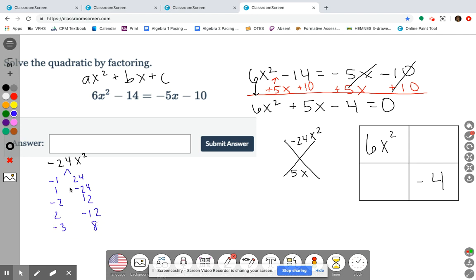And I'm going to stop myself right there before continuing on my list, because already keeping in mind this 5x, I see that I finally listed the piece that's going to work. -3x and 8x, multiply to -24 and add to 5.